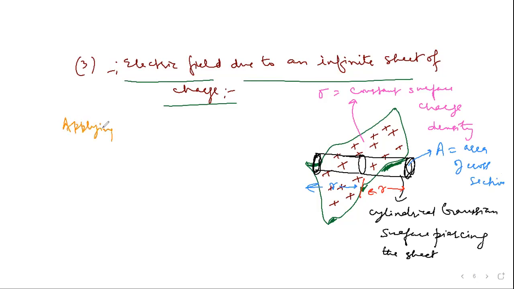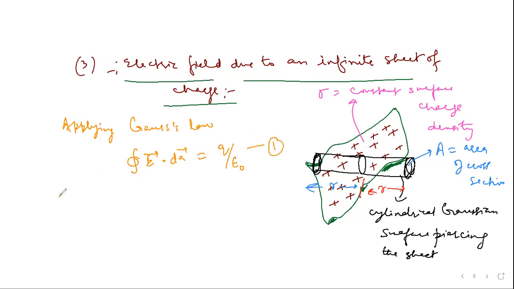Applying Gauss's law, closed integral E dot dA is Q by epsilon naught. Let this be my first.